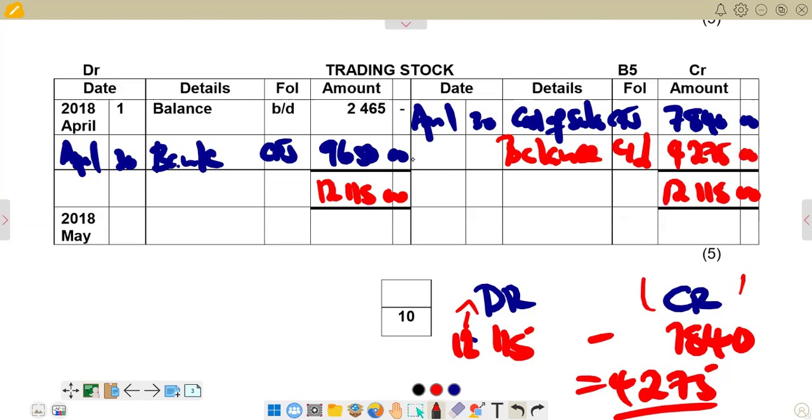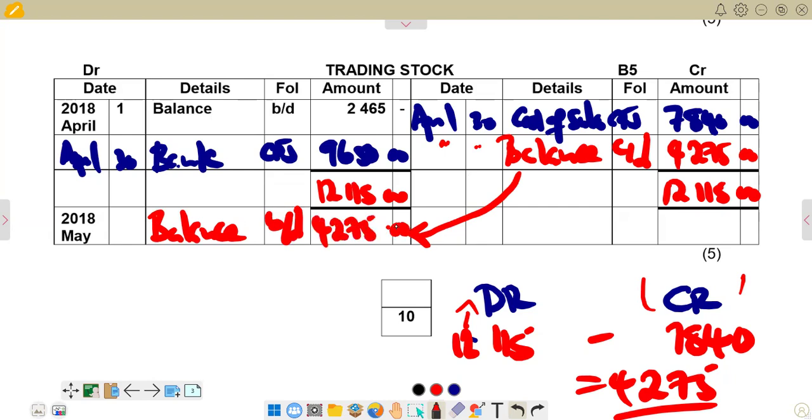Then the date is at the end of the period. This date is also going to apply here, which is April 30th. Then this total also is supposed to come here as balance BD now, which is 4,275. And then the date of the next period at the beginning is May 1.